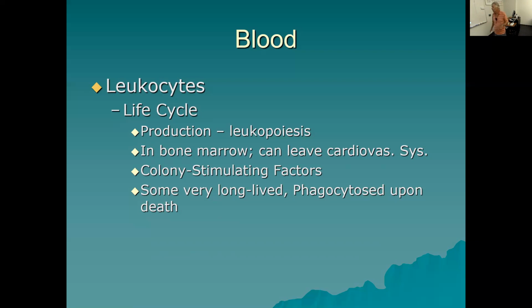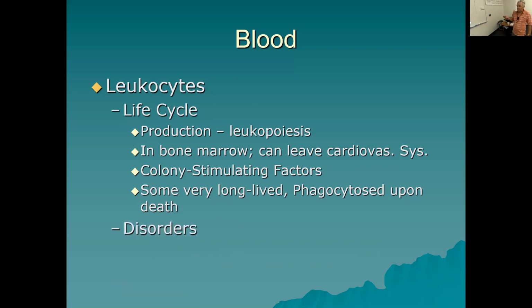So hopefully they last your entire life, and you have immunity from this disease your whole life. After you get infected and you live through the disease, you have lifelong immunity. They are phagocytosed upon death. If they do die, these phagocytic cells, macrophages, come along, surround them, and chew them up.